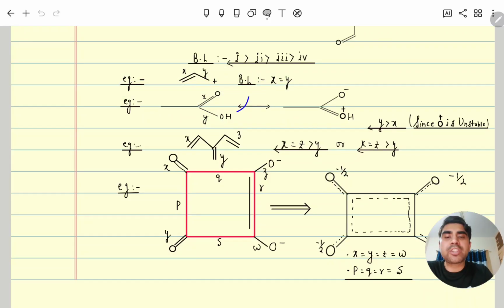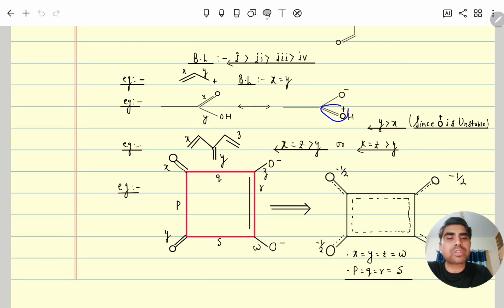If we add H plus here, what will it be? Suppose here we are breaking this one, like this lone pair is here and this bond is breaking. So it became O negative and here it became OH positive double bond.